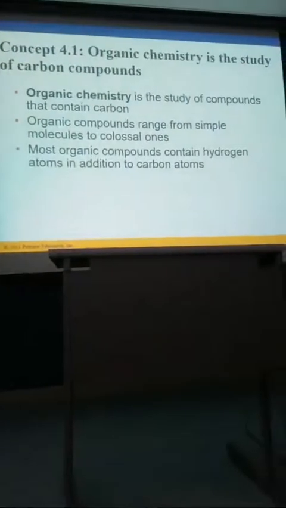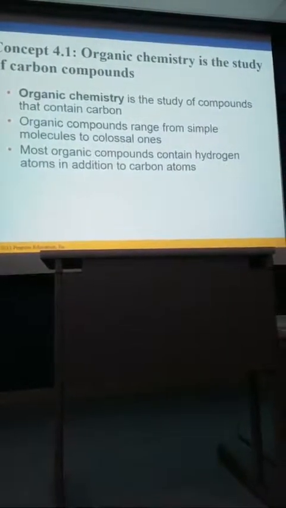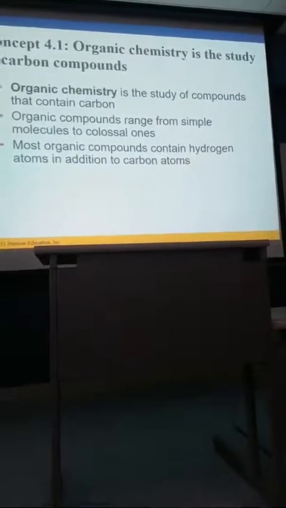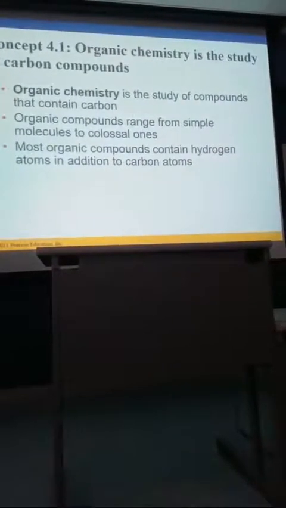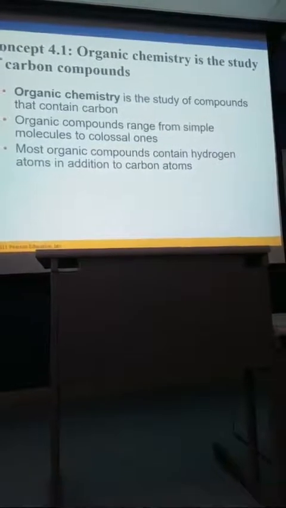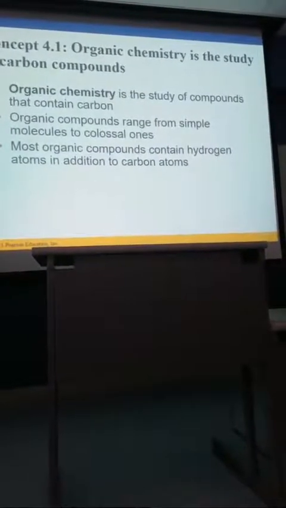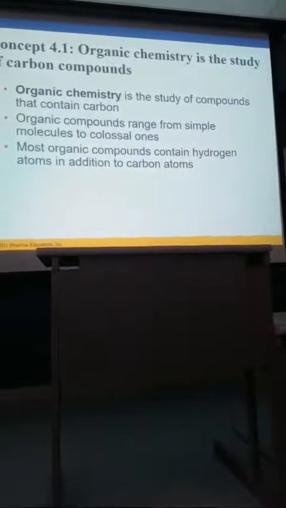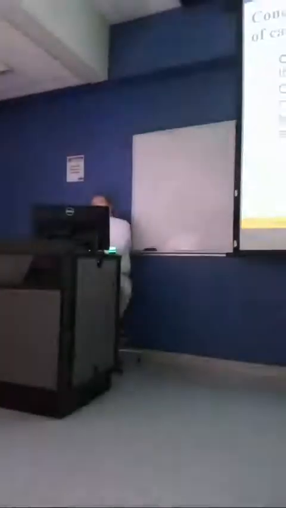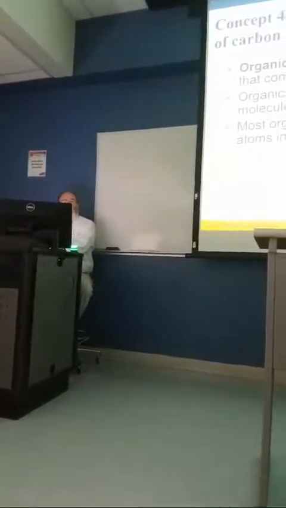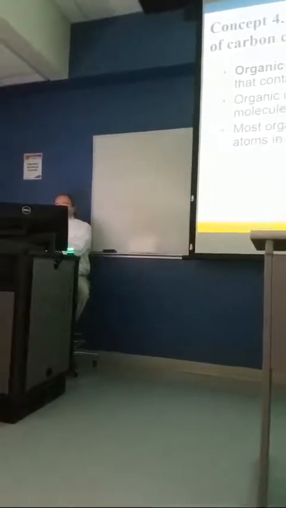Notice the 4 things that organic compounds will contain. Atoms. We looked at those: carbon, oxygen, hydrogen, and nitrogen. It says most organic compounds contain hydrogen atoms in addition to carbon. They also contain oxygen, and they don't have to have oxygen and nitrogen, but usually in some form or in a functional group, they will.